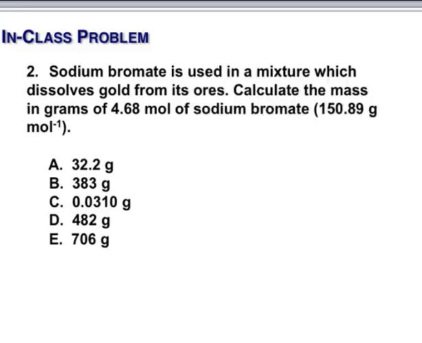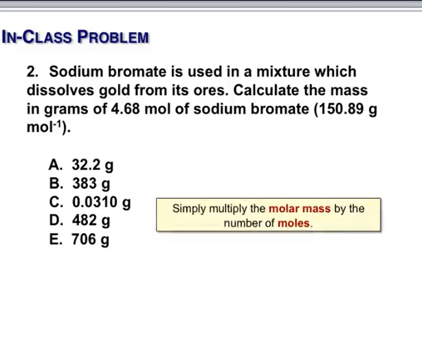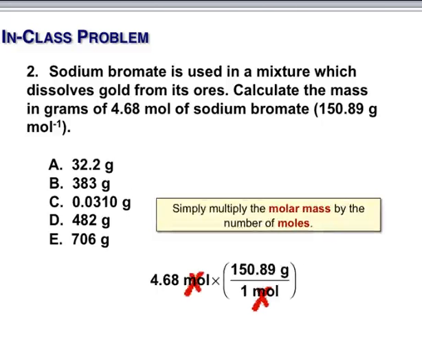How much does 1 mole of it weigh? 150. Right? If 1 mole weighs 150, how much does 4 moles weigh? 4 times that. So 4.68 times 150, multiply moles by molar mass. Our moles here will cancel, and we should get about 700 grams of sodium bromate.